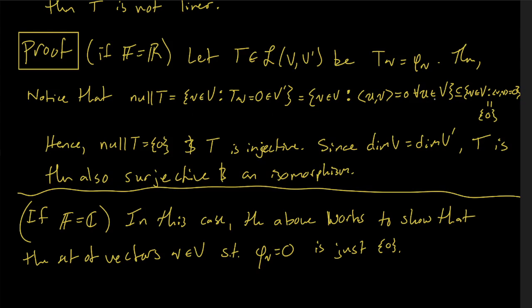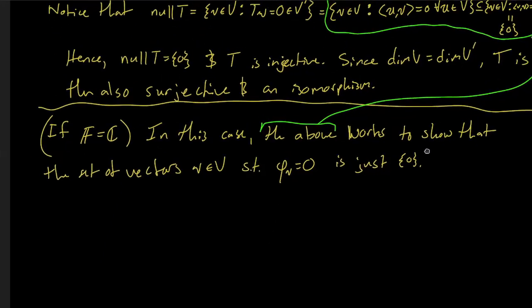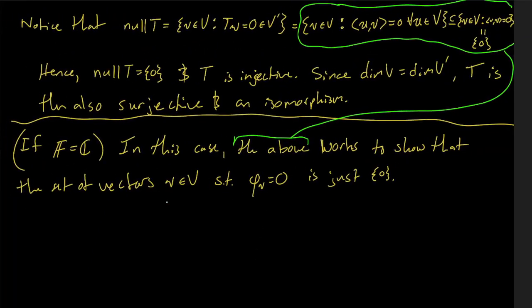Well, for exactly the same reason we outlined right over here, this is enough to get injectivity. So the above, by the above I mean this business right there, that works to show that the set of vectors v in V such that phi_v is 0 is just 0.